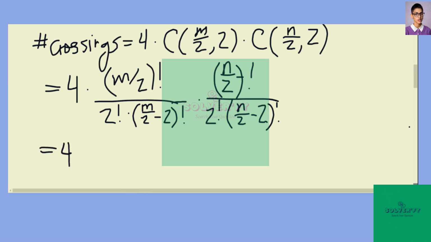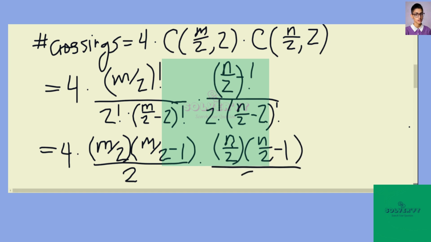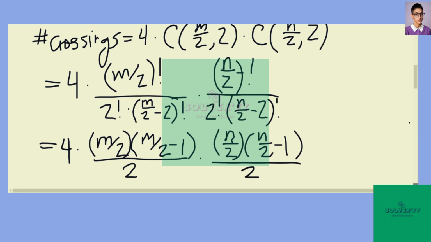And this can be rewritten as 4 times (m/2) times (m/2 minus 1) over 2 times (n/2) times (n/2 minus 1) divided by 2.